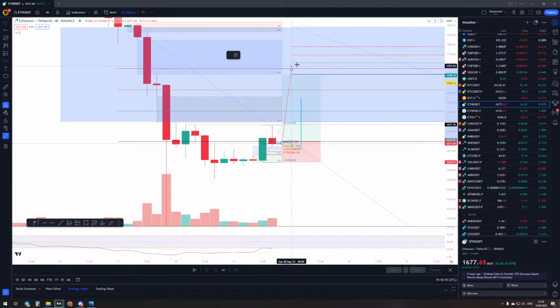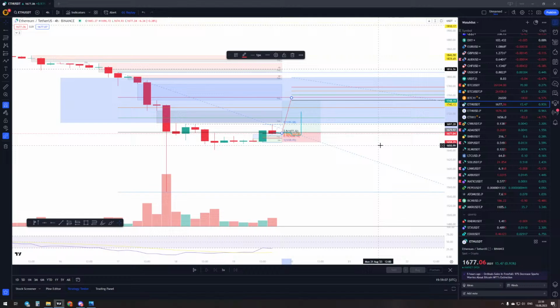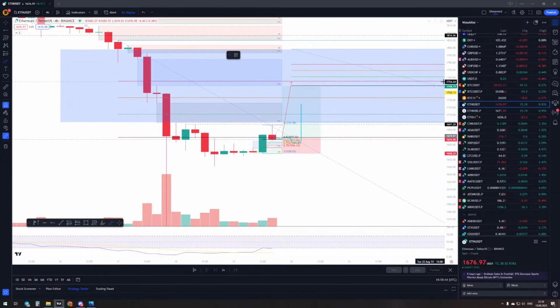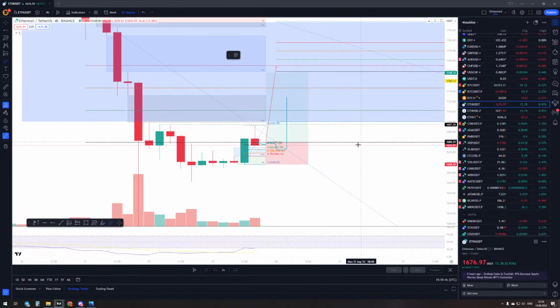Have this efficiency zone, and then go back down to grab liquidity from this week, or just goes straight up, which is kind of difficult to think where we go exactly.